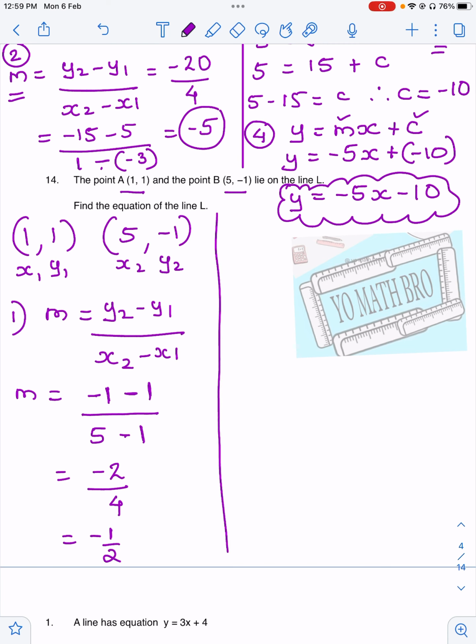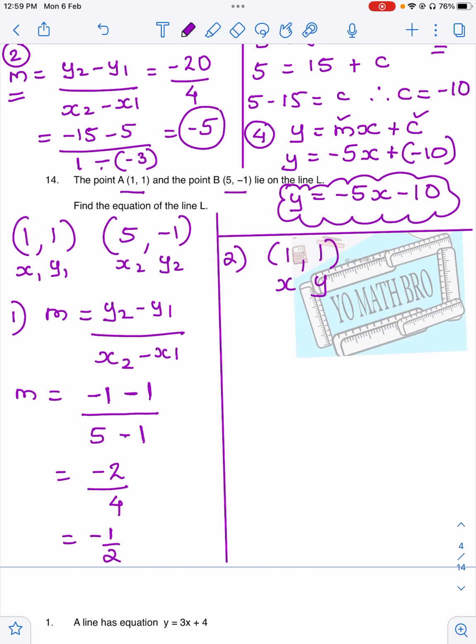Again, draw a line and divide it into two parts, okay, so that it's easy for you. In the second part I take 1 comma 1 and I write x and y. And this time I write y is equal to mx plus c. Okay, what do I do?